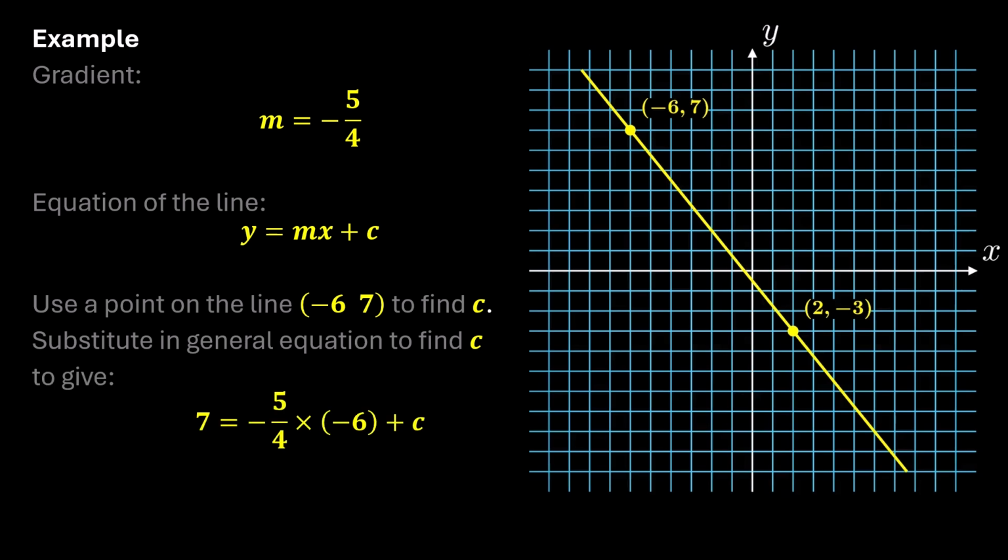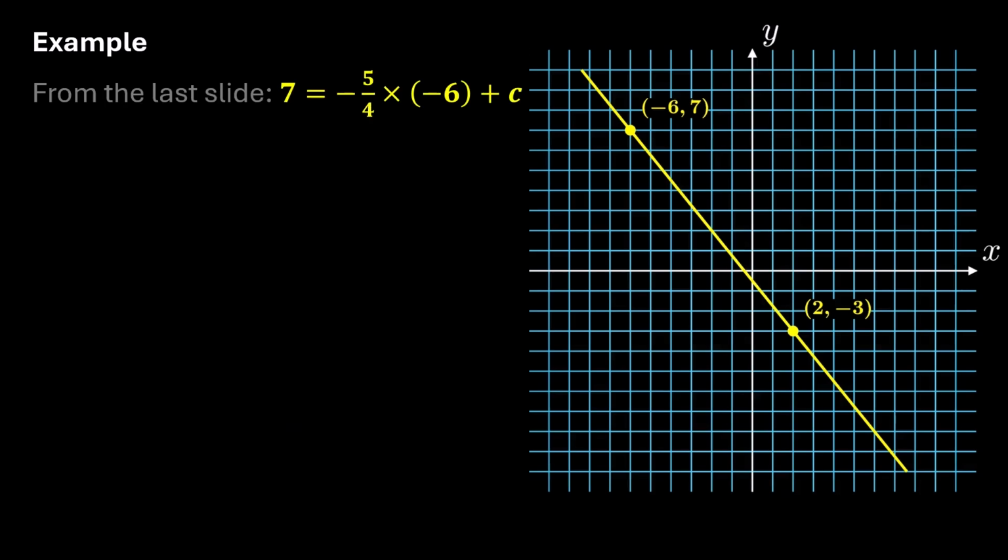And therefore we have y equals 7, m equals minus 5 over 4, times x equals minus 6, plus c. So from the last slide we have 7 equals minus 5 over 4 times minus 6 plus c. Let's tidy this up in order to find the value of c.